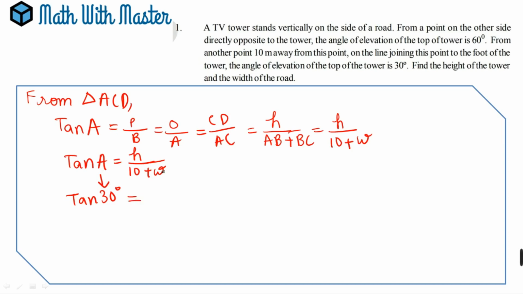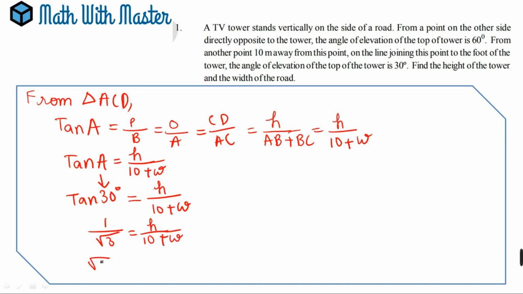So I wrote it as tan 30 degrees. Tan 30 degrees is equals to H upon 10 plus W. Now what is the value of tan 30 degrees? It is 1 upon root 3, which is equals to H upon 10 plus W.